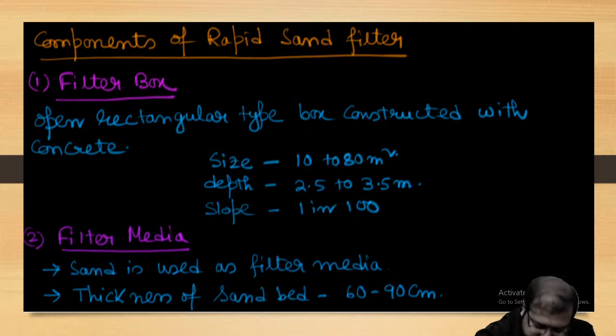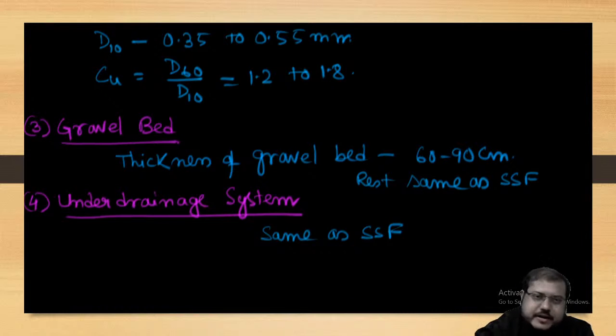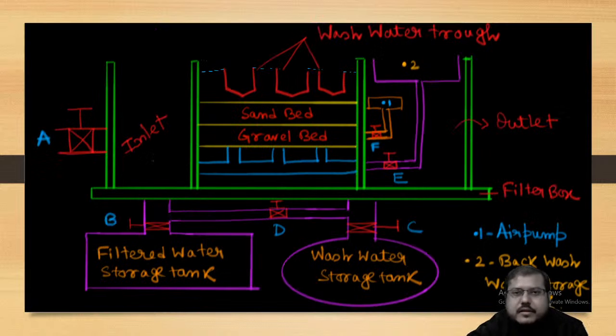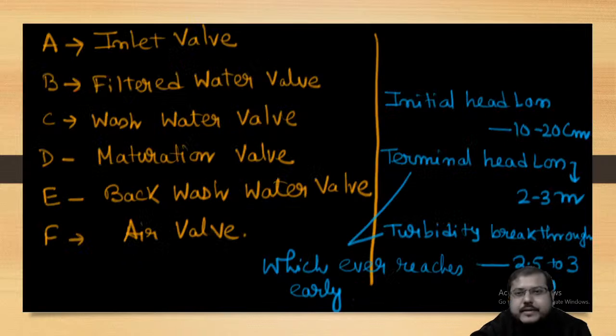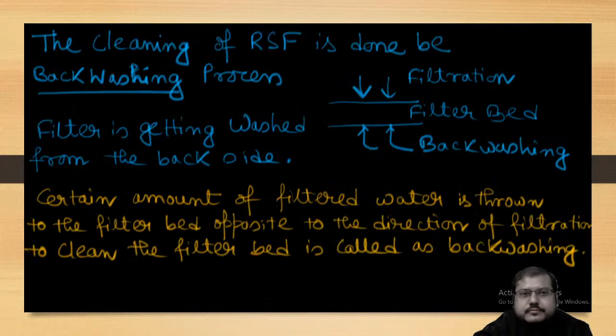Then different components of rapid sand filter: filter box, filter media, gravel bed, under drainage system, and schematic of the rapid sand filter. We have discussed very clearly the backwashing process, which is the cleaning process of the rapid sand filter.